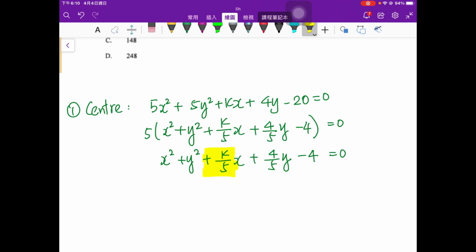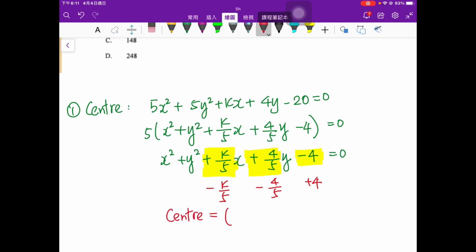We observe three numbers: positive k over 5, positive 4 over 5, minus 4. We take out the three numbers with reversing the signs: minus k over 5, minus 4 over 5, positive 4.